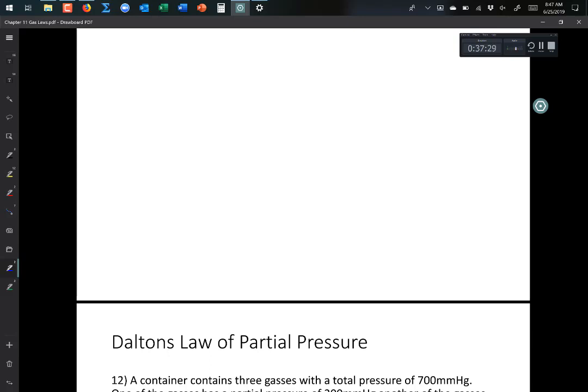So it's like 20% oxygen. It's about 78% nitrogen. It doesn't add up to 100, right? There are other gases in the air.